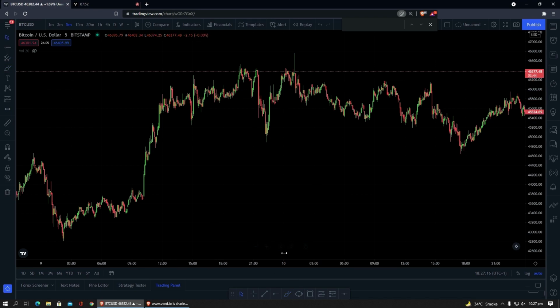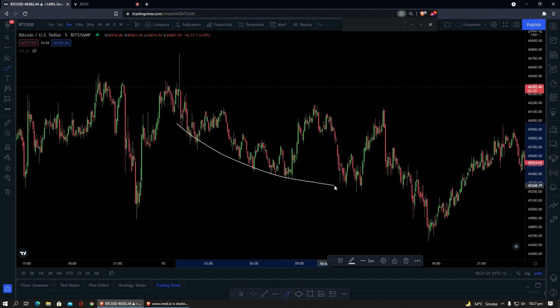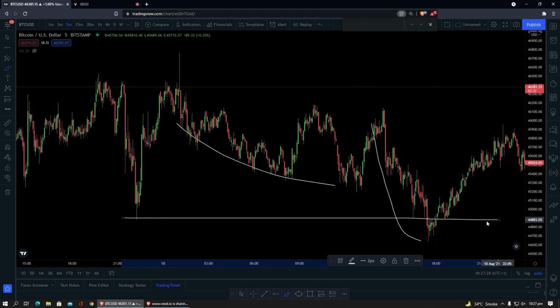And you can see, if I zoom in, that after this struggling movement and after this second pullback, we crossed this level, we came right back in. That is a very, very important thing.